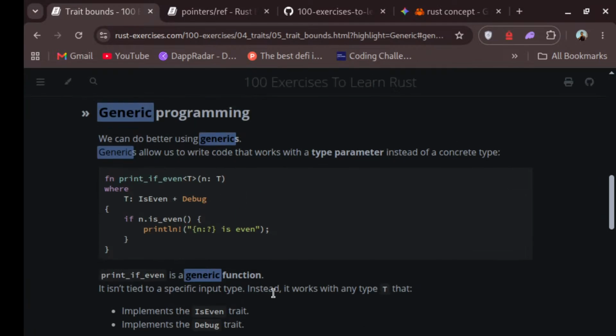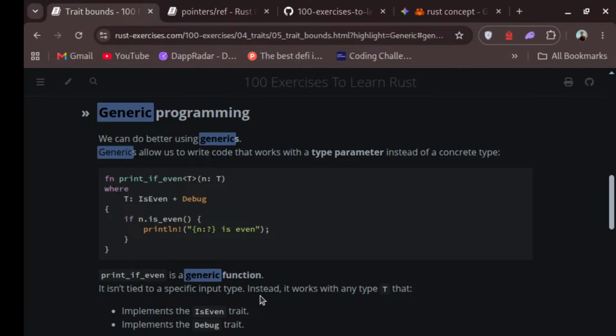print_if_even is a generic function. It is not tied to a specific input type. Instead, it works with any type T that implements the IsEven trait.